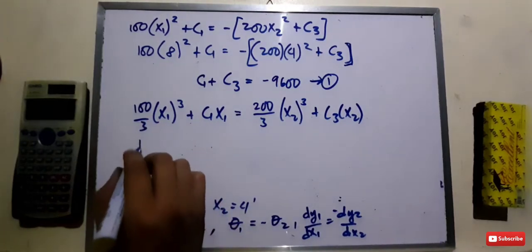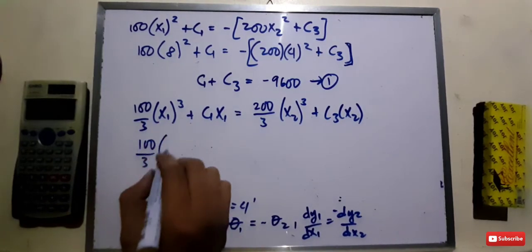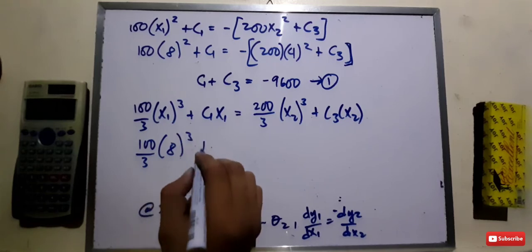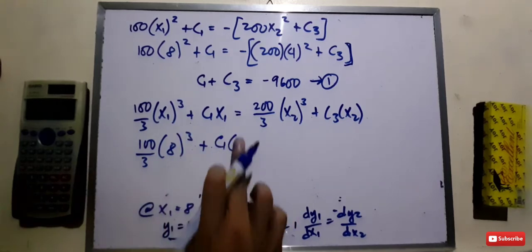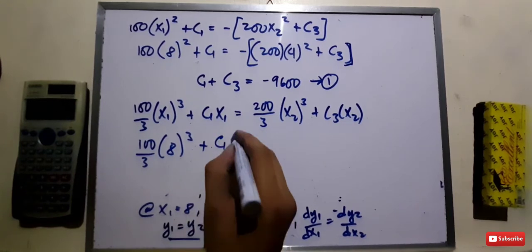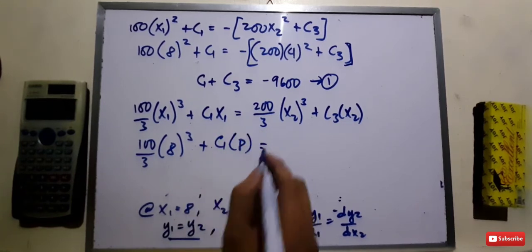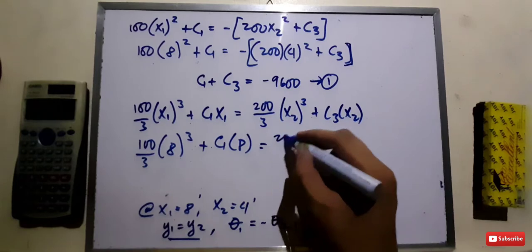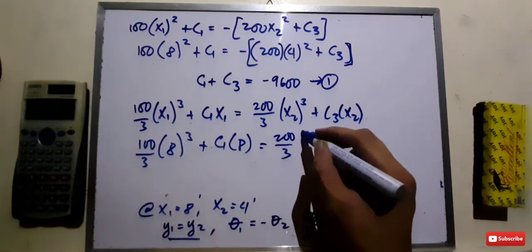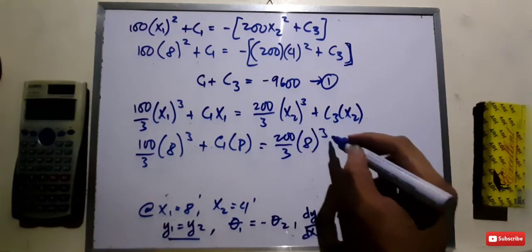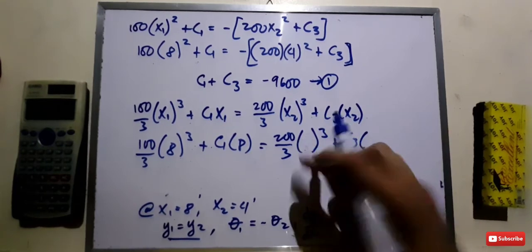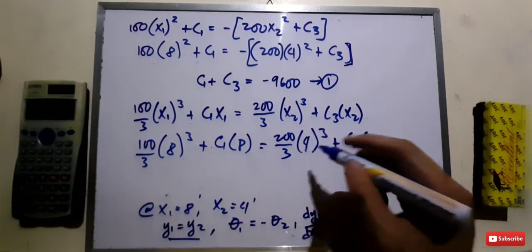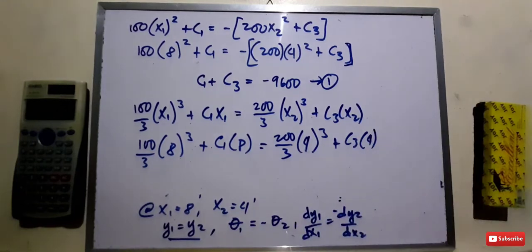So, substitute natin 100 divided by 3 times 8 cube plus C1 times 8 equals 200 divided by 3 times 8 cube plus C3 times 4 pala to, kasi x2 equals 4.